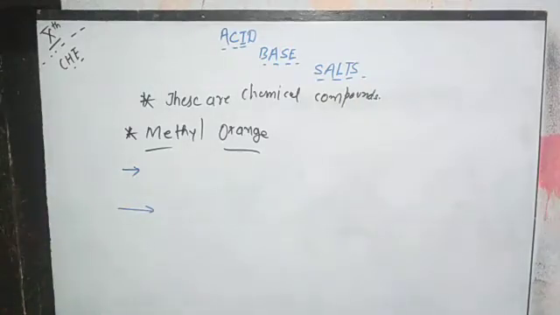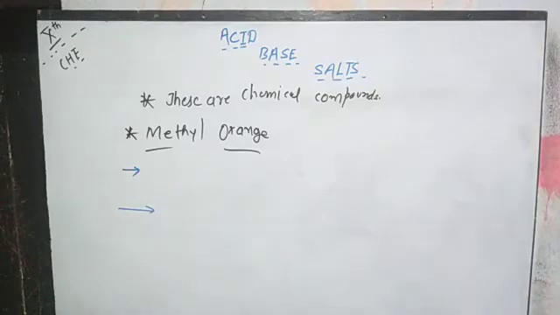Before that, we need to know methyl orange's basic color or natural color that we see in our surroundings. Actually, methyl orange is orange, but when we put this methyl orange in different solutions, it behaves differently according to the type of solution.